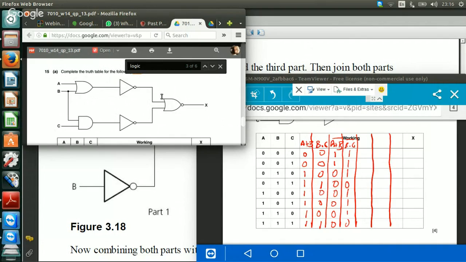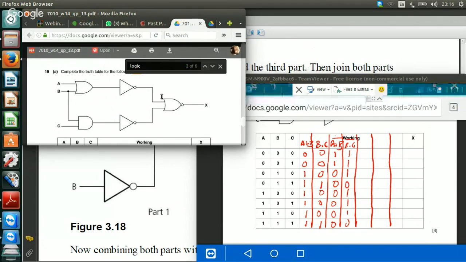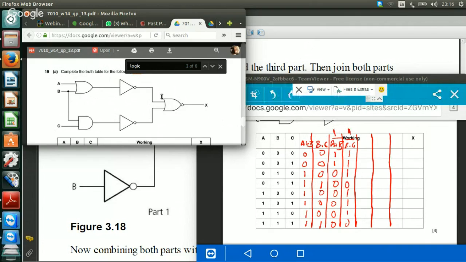These are the two inputs: A plus B bar and A dot B bar are the inputs of this NOR gate. Here, just call it X.